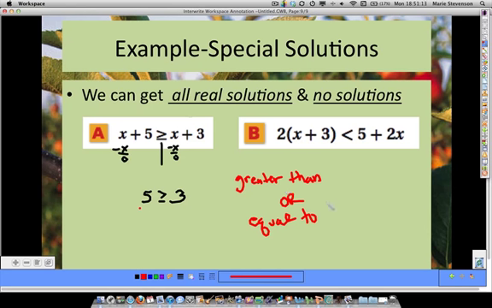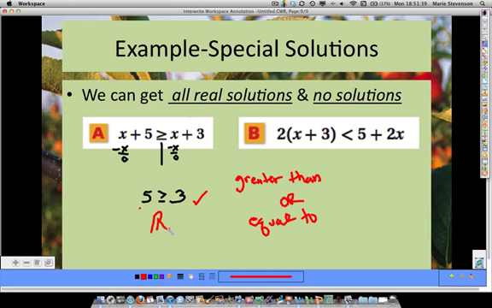It cannot be both of them. So, as long as one of these conditions is true, this is a true statement. So look at it two ways. This says 5 greater than 3, 5 equal to 3. Well, we know 5 is not equal to 3, but is 5 greater than 3? Yes, it is. So the answer here is all real solutions because our variable's eliminated.